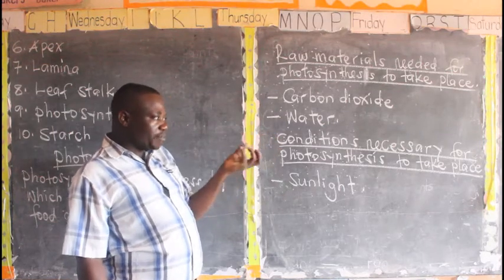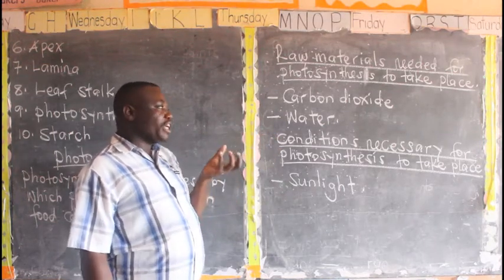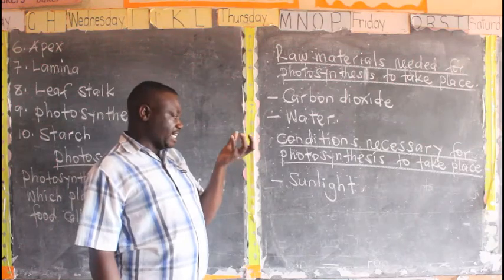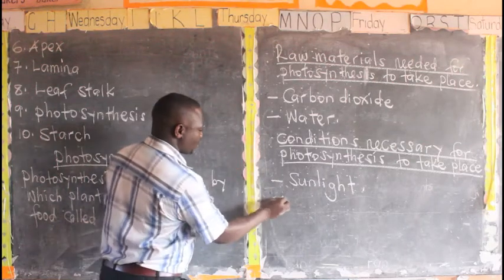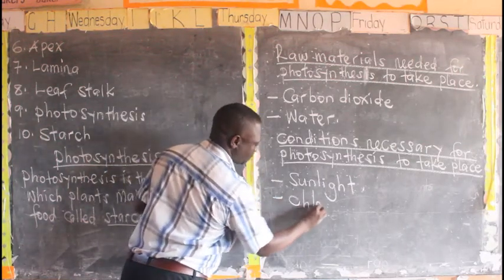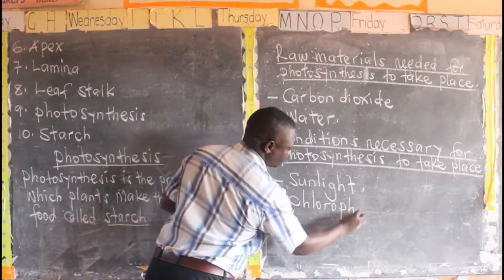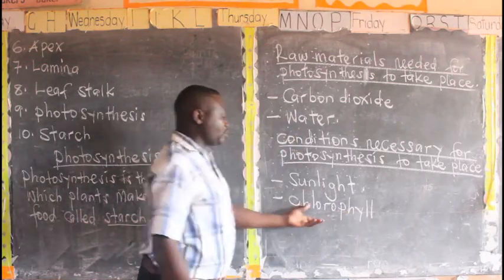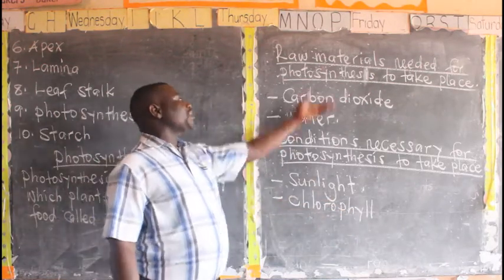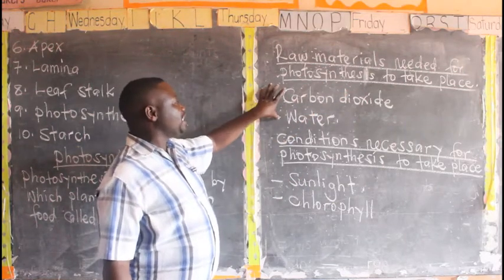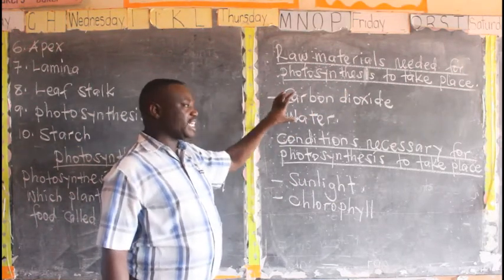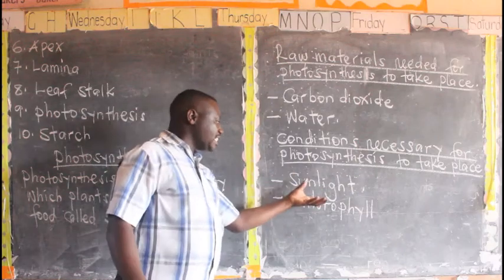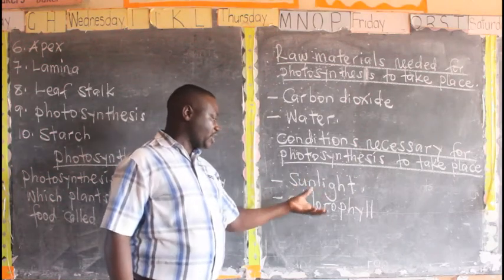They have the green pigment, chlorophyll, which traps sunlight energy. Then we have also chlorophyll. Without chlorophyll, plants cannot make food. But these two are very important, very necessary. Then this one just comes as by the way.